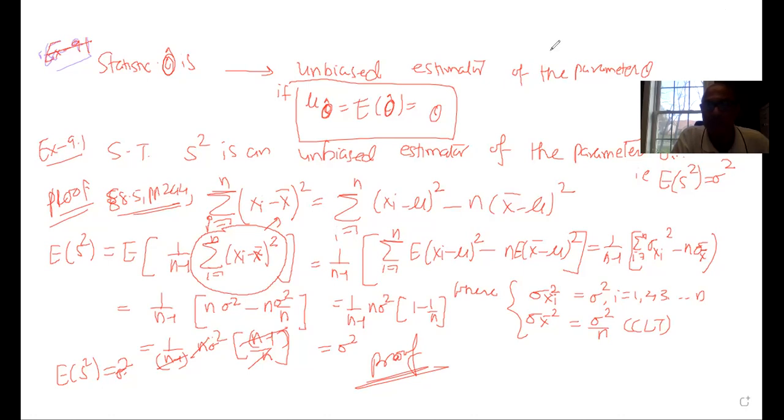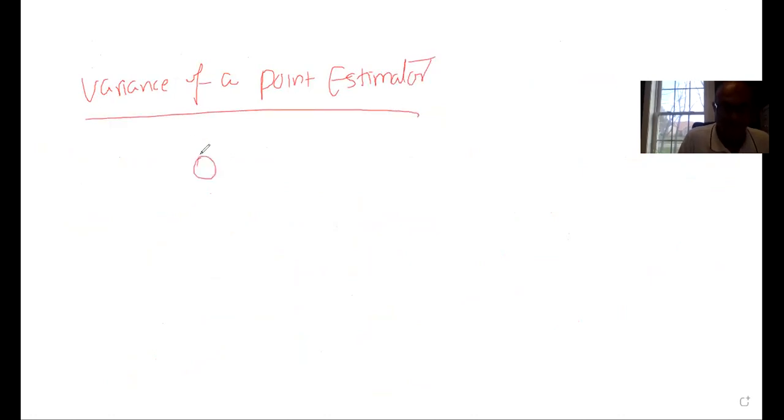And let me clear all my drawing, and let me start with the variance of a point estimator. Suppose you have theta 1 cap and theta 2 cap.